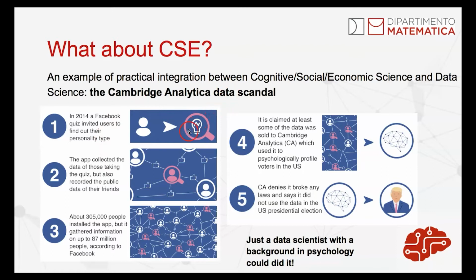This scandal, which was on the cover pages of all the newspapers in the world 2 or 3 years ago, was about collecting data from Facebook and trying to predict personality and political orientation of people and voters in the US in such a way that only people who were uncertain were targeted by the Trump campaign.